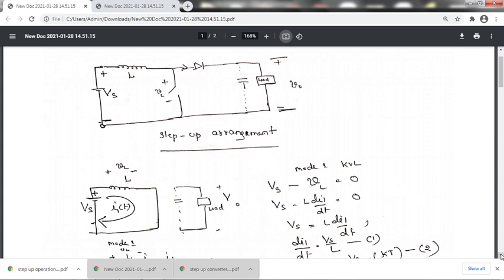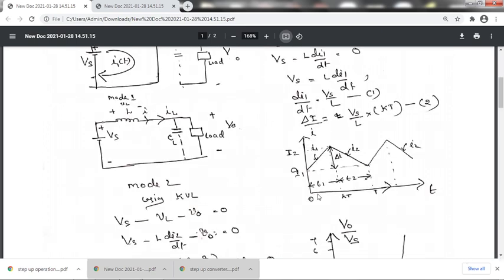So the current rises during this interval. The inductor current i1 of t rises like this. This is a steady state current. So the current rises from I1 to I2.